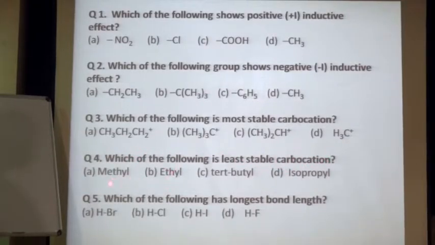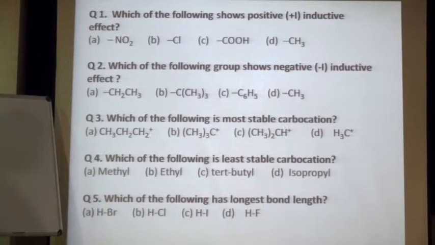Which of the following is the least stable carbocation? Out of methyl, ethyl, tertiary butyl and isopropyl, which is going to be the right answer? Methyl is the right answer, the least stable. But do you know what this isopropyl group is? If methyl was not given, then you would have said ethyl, right?